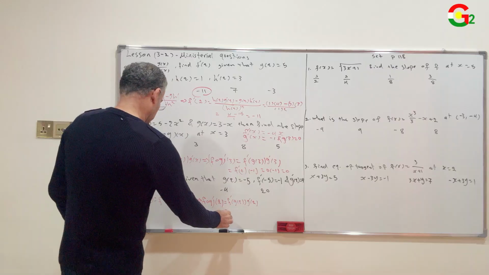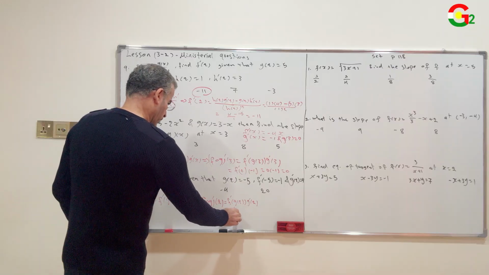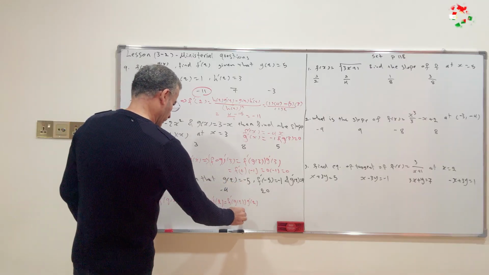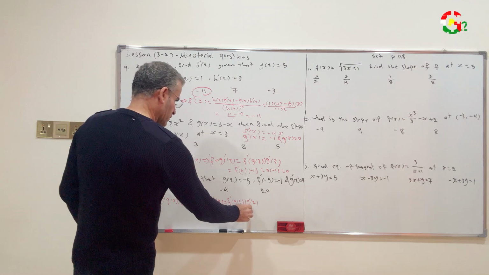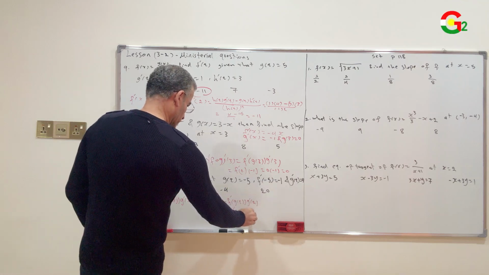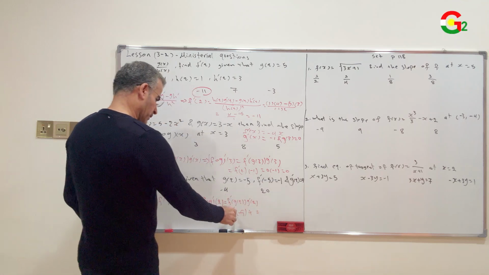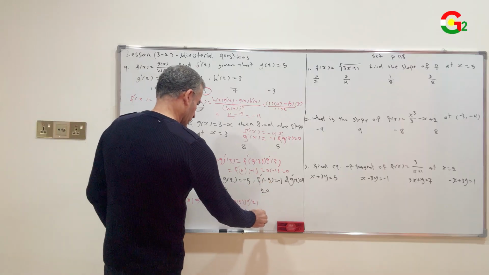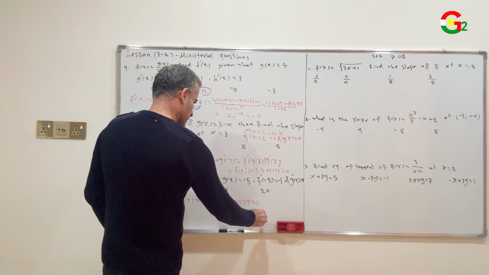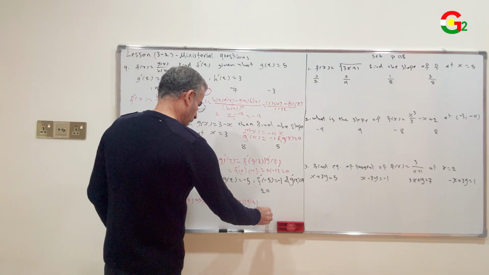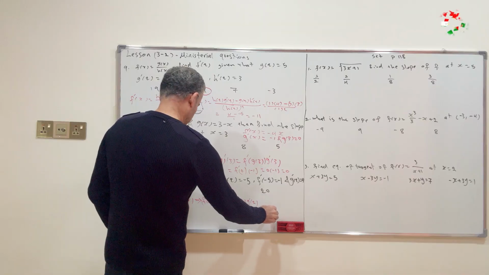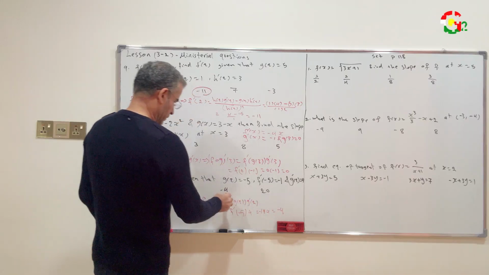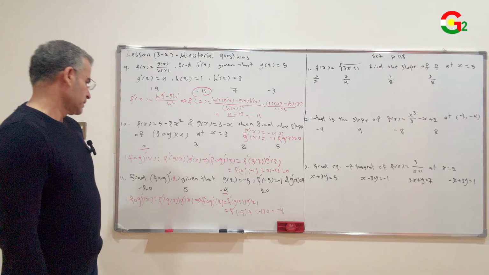Now, f prime of g of 2, which is f prime of -5, is -1, times g prime of 2, which is 4, equal to -4. Choice C.